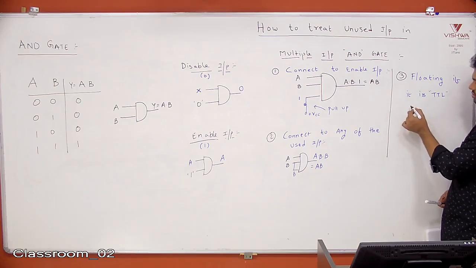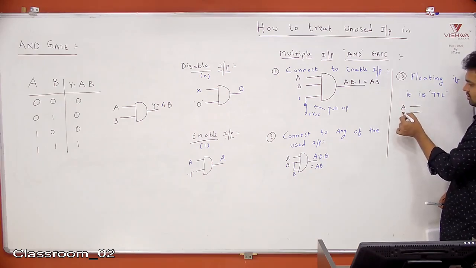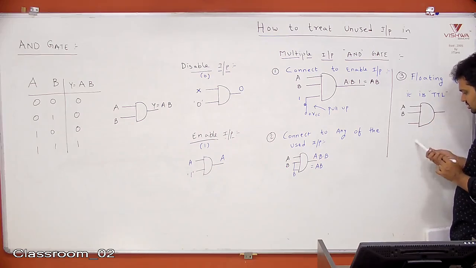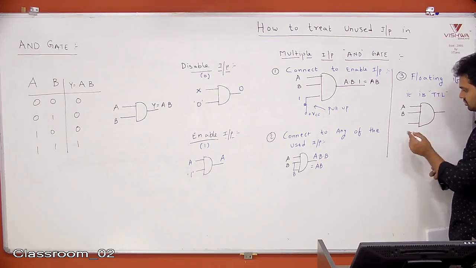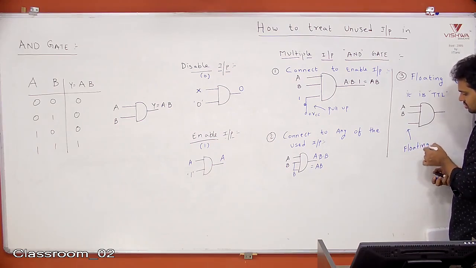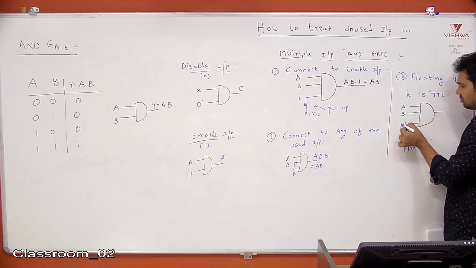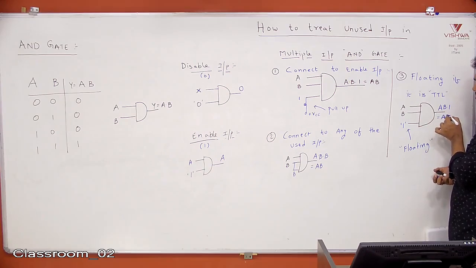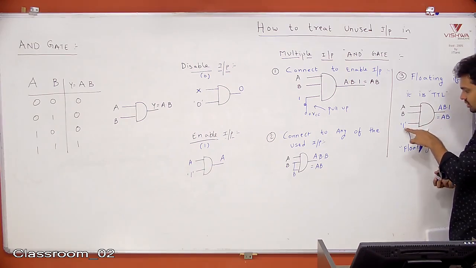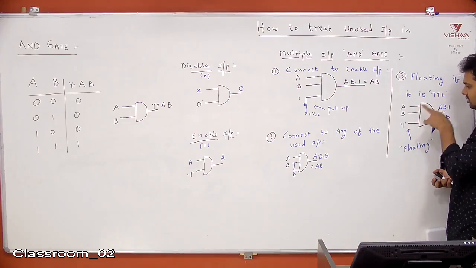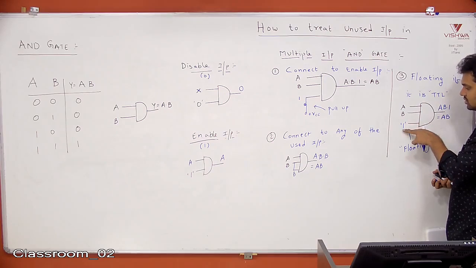So A, B, and leave it open. Just open means leave it floating. Now it is equal to 1. What is the answer? AB into 1, which is equal to AB. Floating input is 1. Here we are not connecting 1. We just left it open. But in this family, this open input is treated as 1.